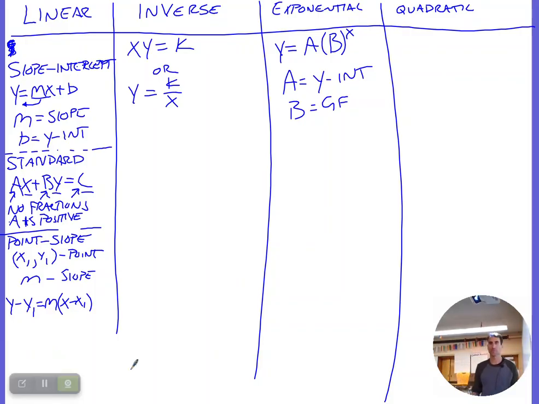All right. So the one tricky thing is the equation for exponential relationships is the same whether it is decay or growth. So if we have a b value that is greater than 1, then you will have growth.